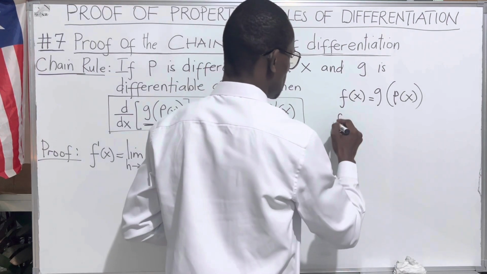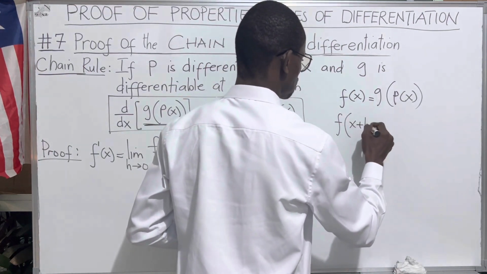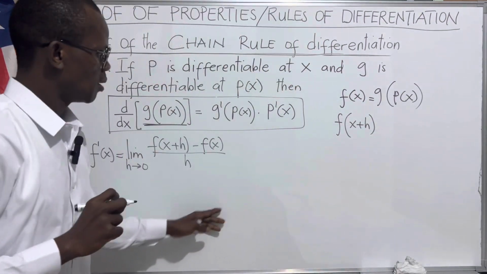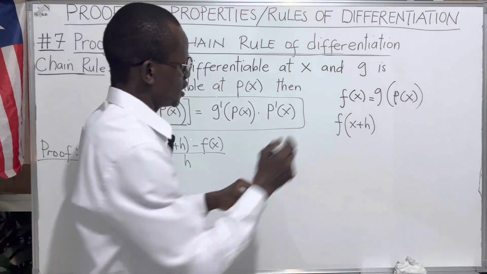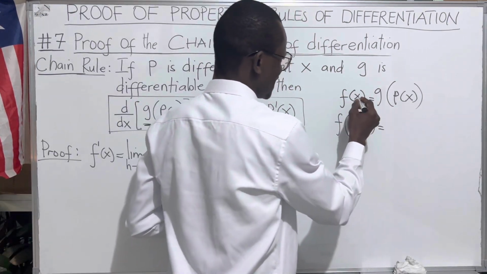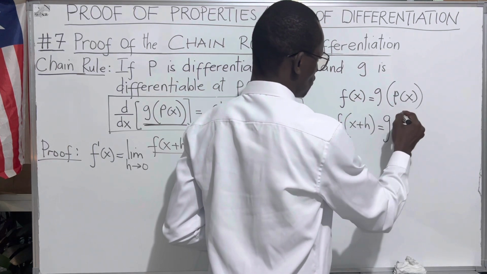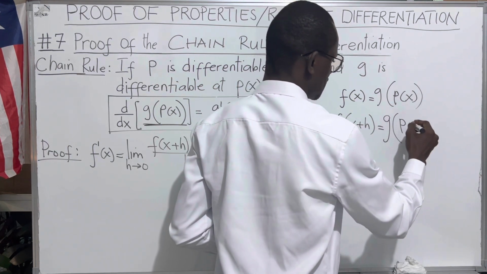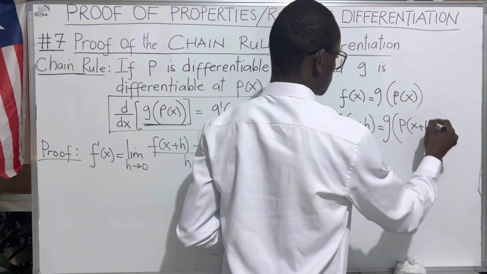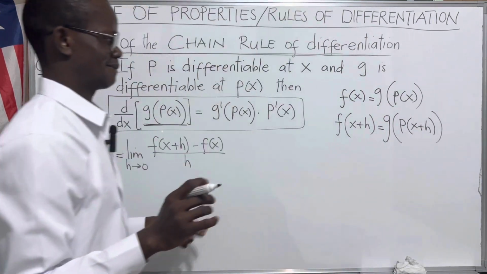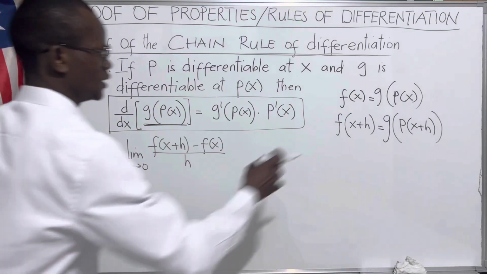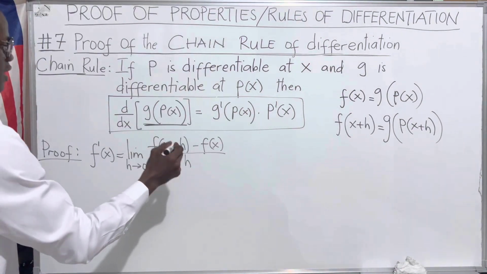Then we need f of x plus h. So f of x plus h is just like replacing x with x plus h. So on this side, we're replacing x again with x plus h. So we've gotten our f of x and our f of x plus h.